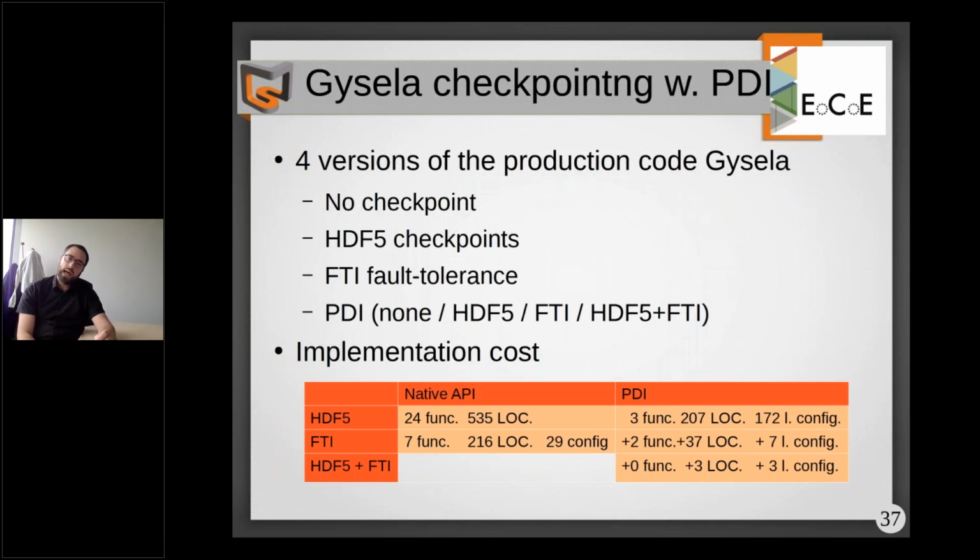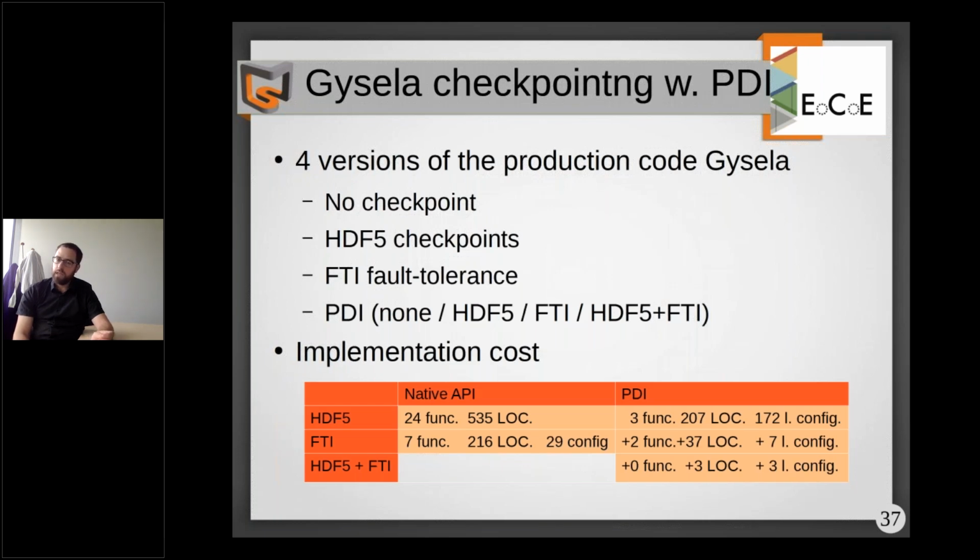Here I look at the implementation cost. It's very difficult to evaluate the implementation cost, but what we look at here is the number of different functions called and the number of lines of code. On the left, we have the case where we use the native API, and on the right, the situation where we use PDI. If we use the native HDF5 API, we have to use 24 different functions for a total of 535 lines of code.